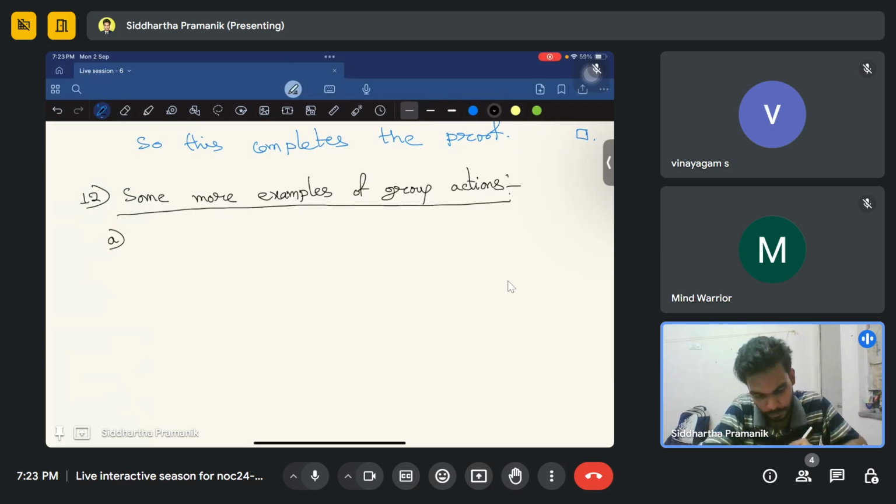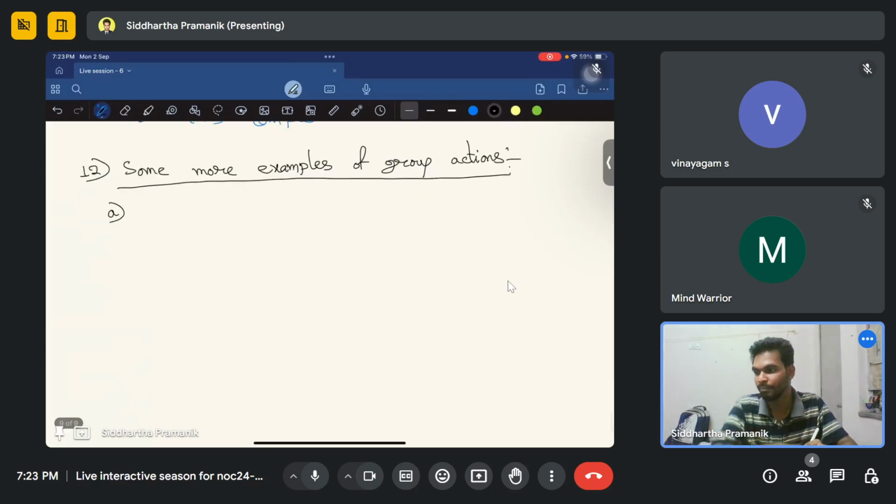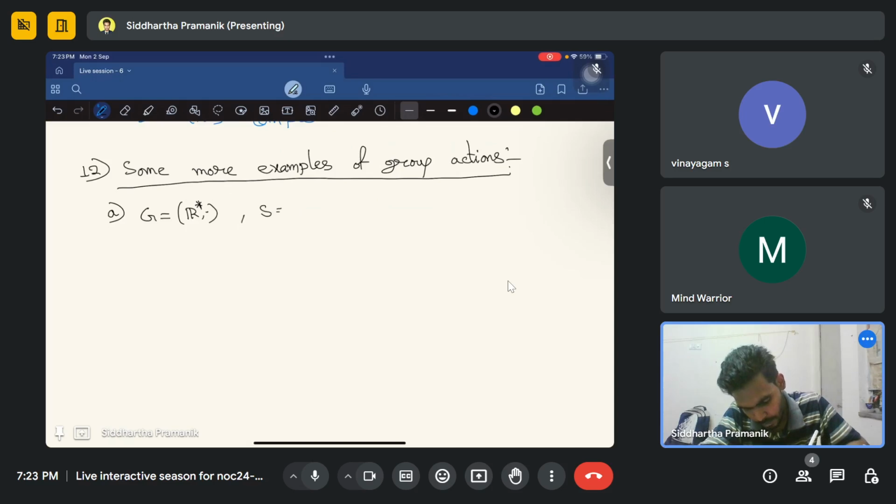So the first example is, let's take G to be the group R star with multiplication, meaning the non-zero real numbers under multiplication, and S be the set Rn, meaning the set of all n tuples of real numbers.